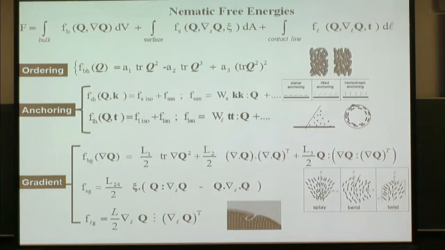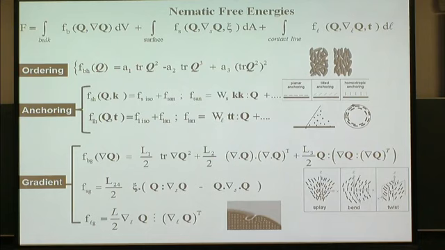The free energies for typical problems that have interfaces and contact lines have a bulk contribution, a surface contribution, and a line contribution. For the bulk, you have an ordering. This is an expansion in the order parameter that you can derive from molecular theory. This is the transition from isotropic to nematic, a polynomial in the order parameter.